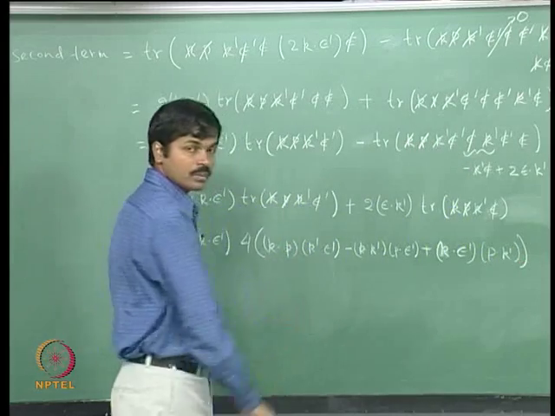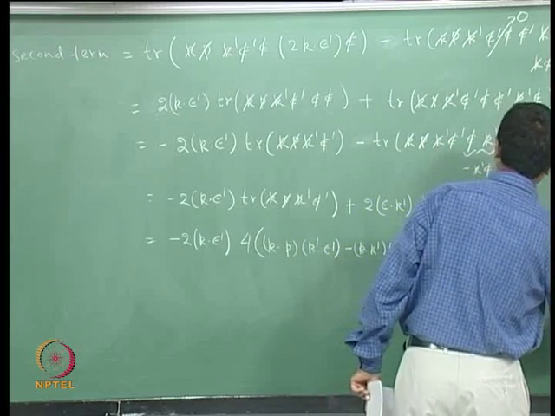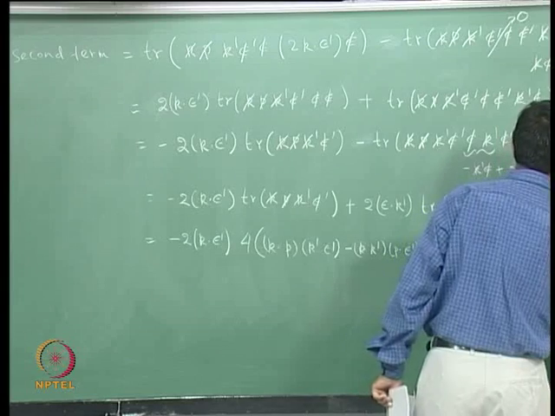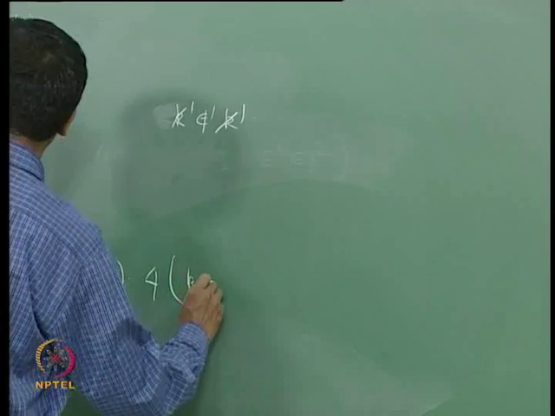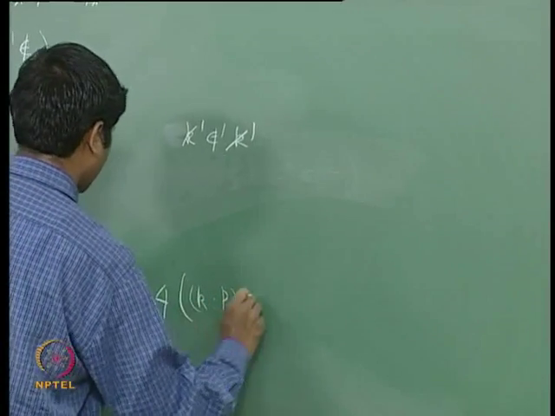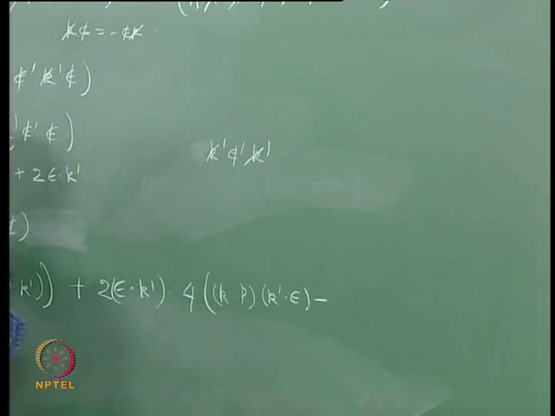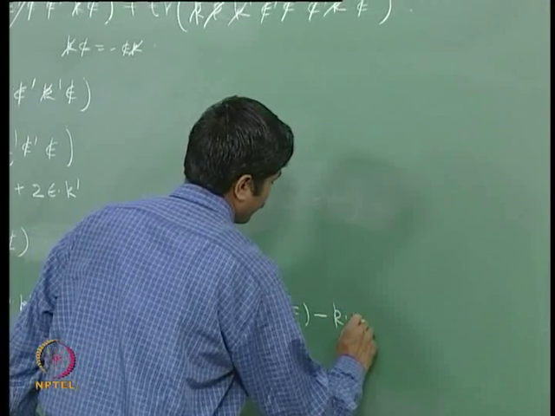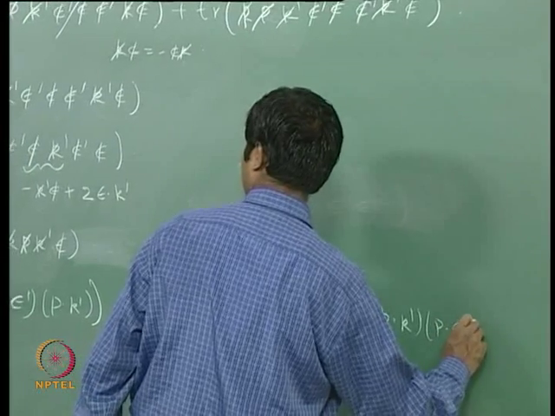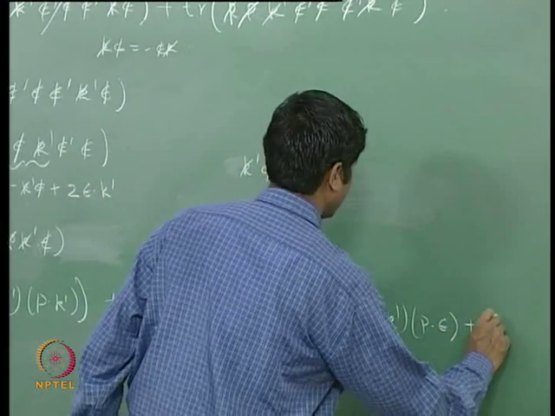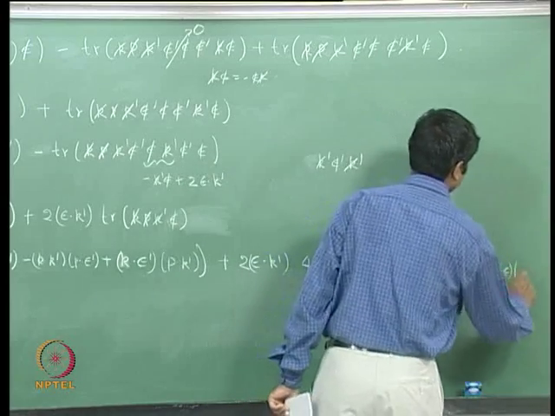That is for the first term, and then similarly for the second term I have twice epsilon dot k prime times 4 times k dot epsilon, k dot p, k prime dot epsilon, minus k dot k prime, p dot epsilon, plus k dot epsilon, p dot k prime.